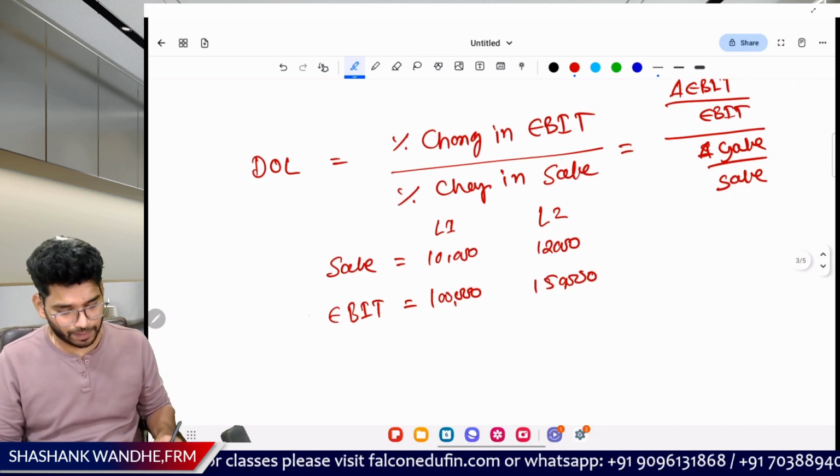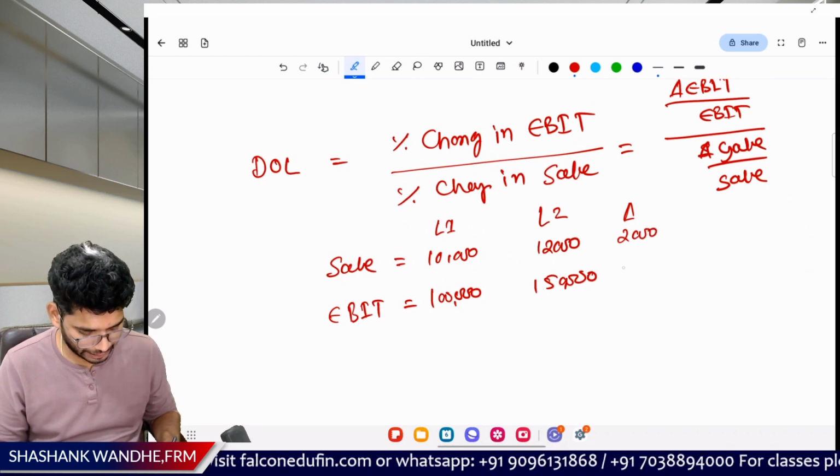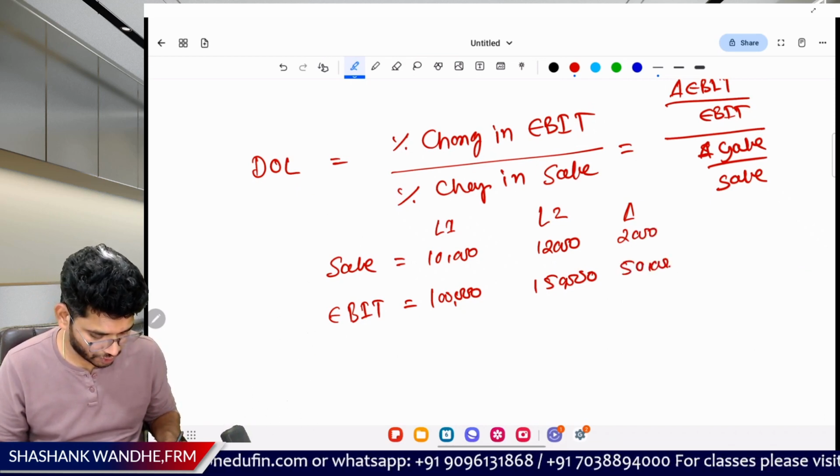Okay, so this is very simple. What is your change here? Delta 2,000, and here delta, that is the change, is 50,000.